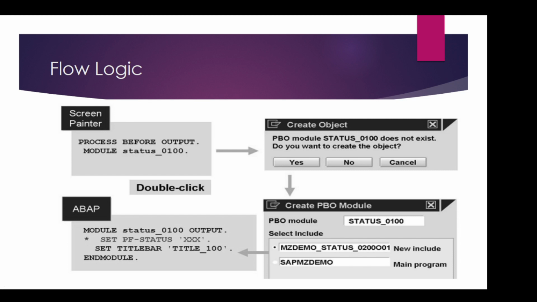So let's get started. What is the role of flow logic, and how does it work? In this screen there is a screen painter where the process before output and the module status 0100 exist.